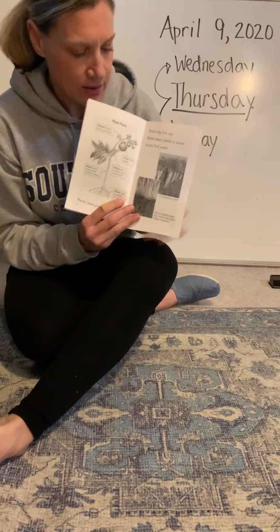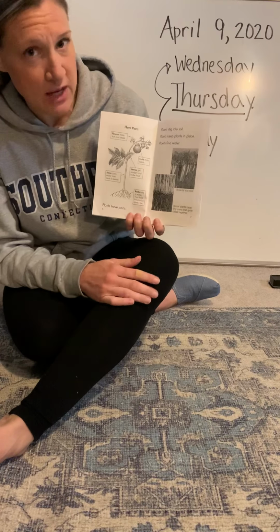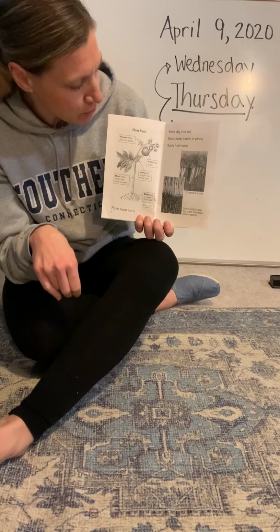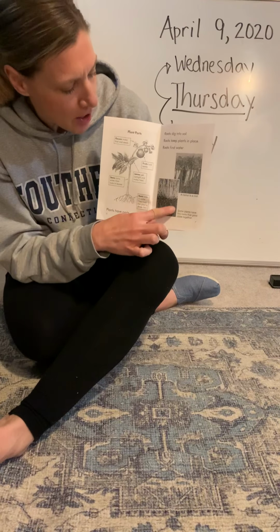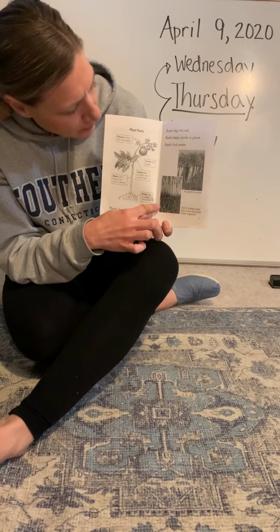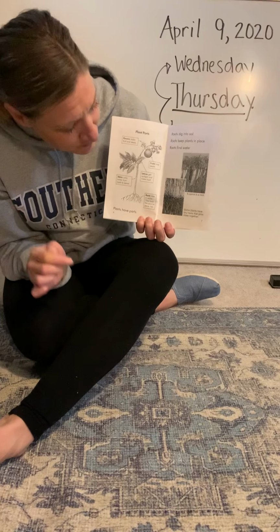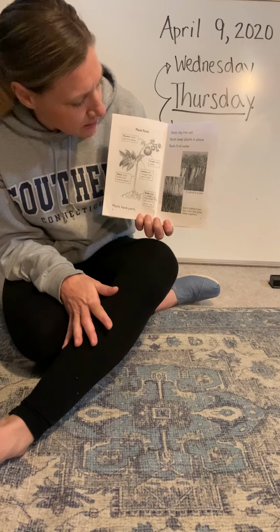So the roots will dig into the soil. The roots keep the plant in place. It's not going to move. Once its roots are growing, it's not going to move. The roots help to find water, so they suck in the water. A carrot is a root, believe it or not.